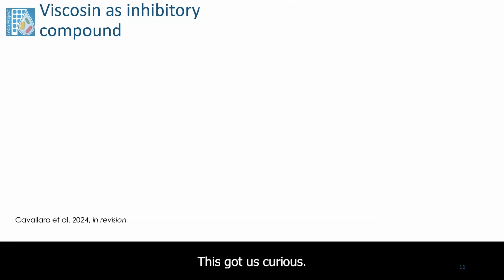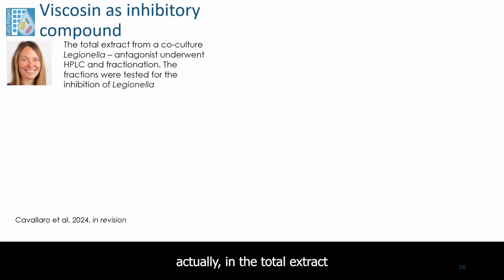This got us curious, and so we tried to see whether we could find viscosin in the total extract from a co-culture of Legionella and an antagonist after HPLC and fractionation. The different fractions prepared through HPLC were tested for the inhibition of Legionella. This was done in collaboration with Silke, who is a member of Serena Robinson's group.